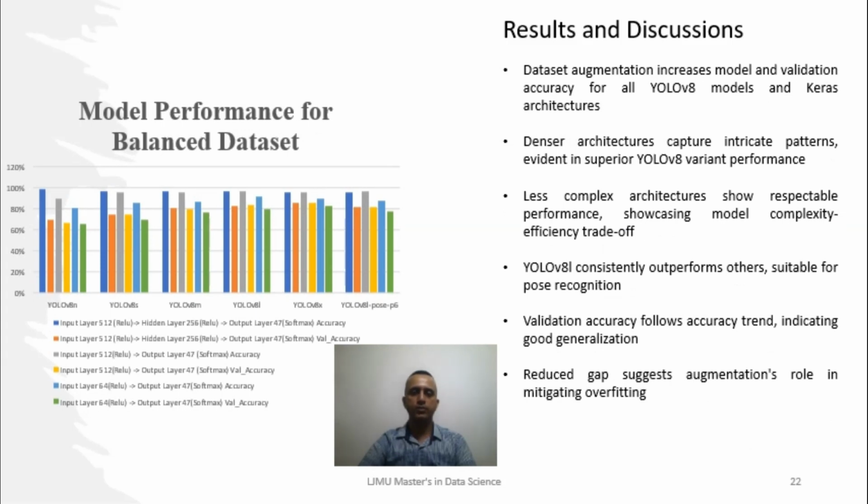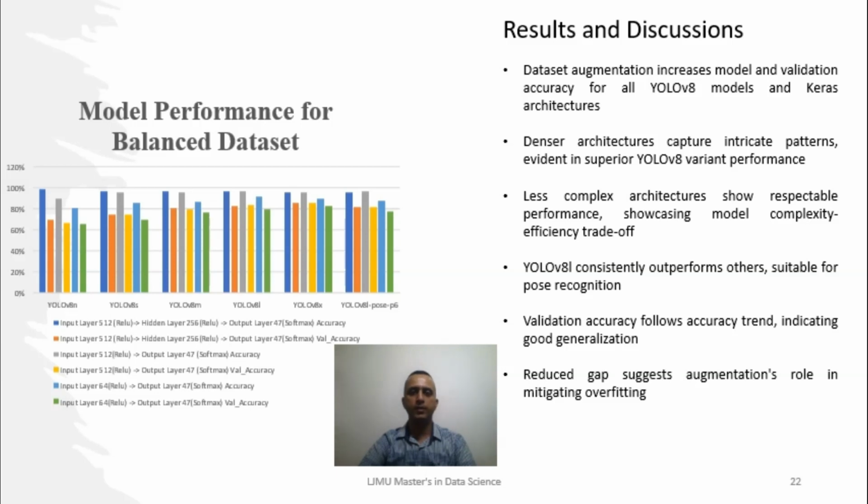Results and discussion for the balanced dataset. It was observed that the dataset augmentation increases model and validation accuracy for all YOLO V8 models and Keras architectures. Denser architectures were observed to capture intricate patterns, which was evident in superior YOLO V8 variant performance.